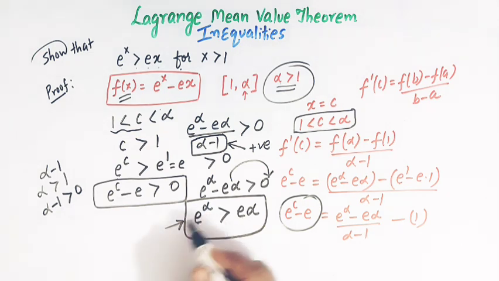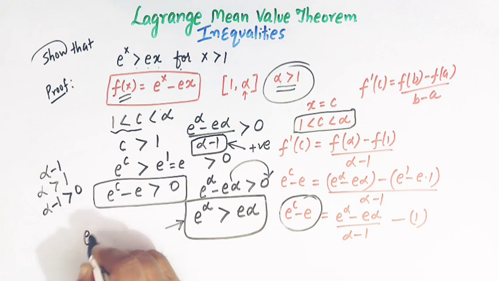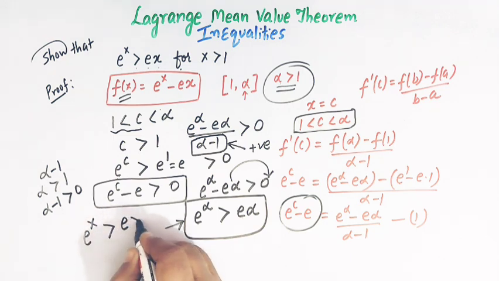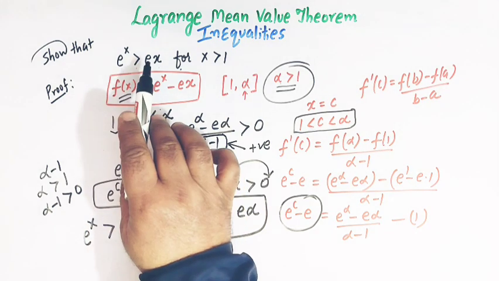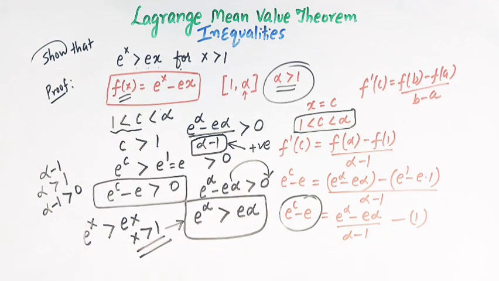So now if we replace this alpha simply by x, we have e raised to x is greater than e times x, provided x is greater than 1, right? And this is our desired result, right? So viewers, this is how, by making use of Lagrange's mean value theorem, we can prove these kinds of inequalities.